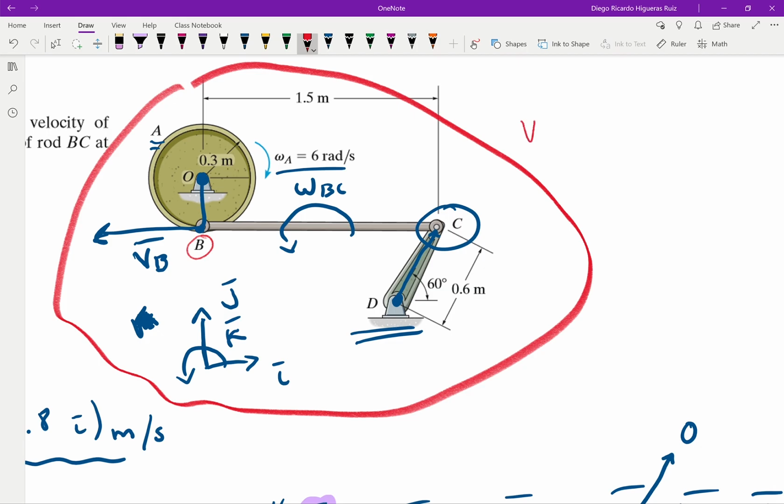So remember, we did VB equal V naught plus VB with respect to naught. That was very straightforward. And then in order to get more equations to solve for what we were asked for, we escalated and we kept solving for VC, since we knew VB, and then we just used the relative.